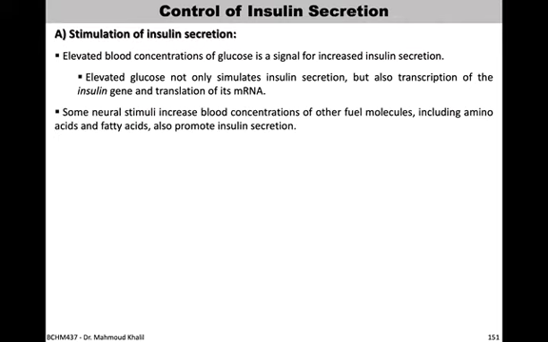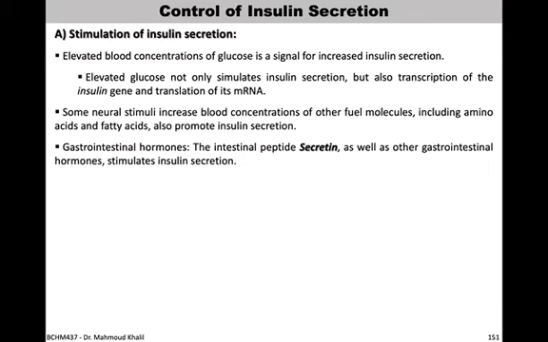Some neural stimuli increase blood glucose concentration, and a few other molecules, including amino acids and fatty acids, also promote insulin secretion. Gastrointestinal hormones, like the intestinal peptide secretin, also stimulate insulin secretion.